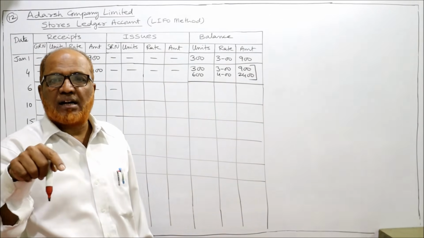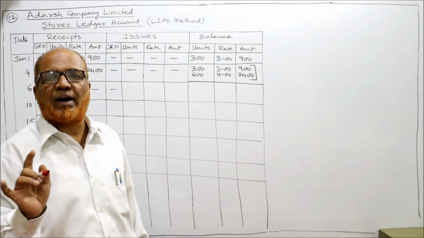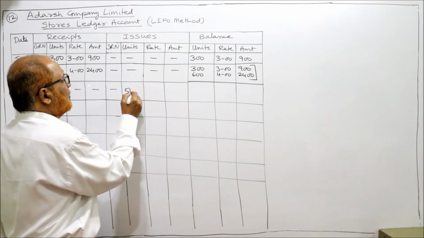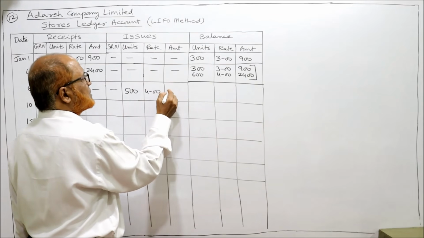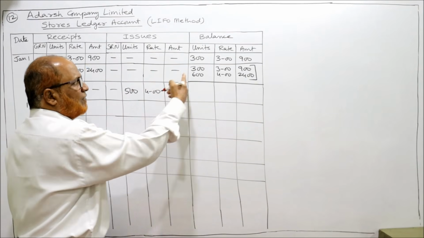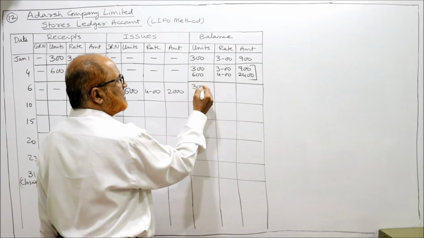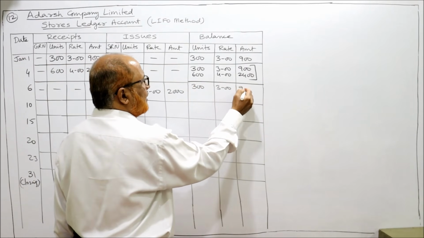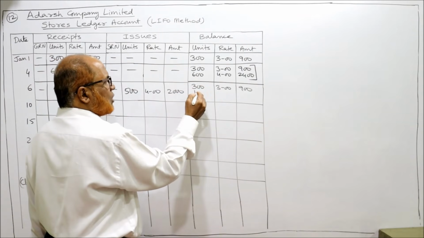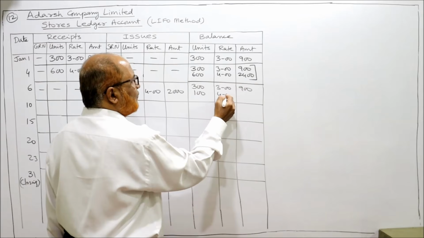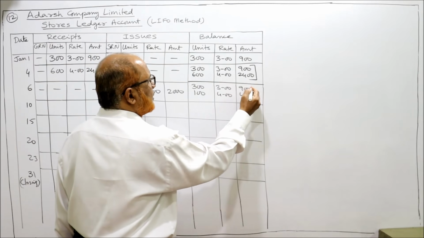From this 600 units I am issuing 500 units. So 500 units. At what rate? 4 rupees. So 5 4s are 2000. The first lot remains the same, 300. We have not touched 900. From the second lot, out of 600, 500 units are issued. So remaining 100 units, 4 rupees, 400.